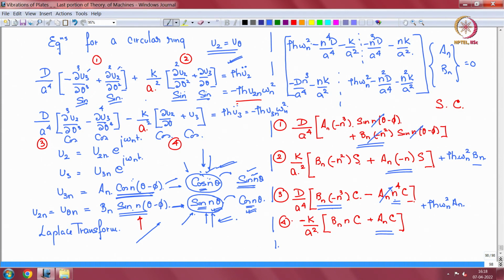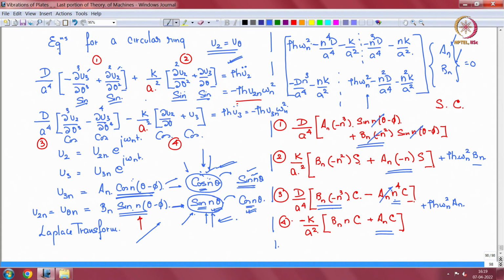Okay, now what do we do from here onwards? As usual, for a non-trivial solution of an and bn, the determinant of this has to go to 0. So how does the determinant look? It looks quite complicated.